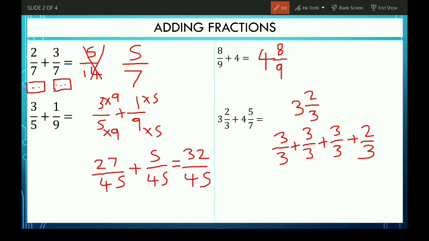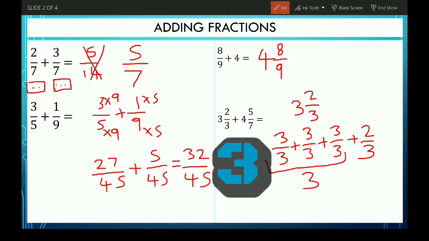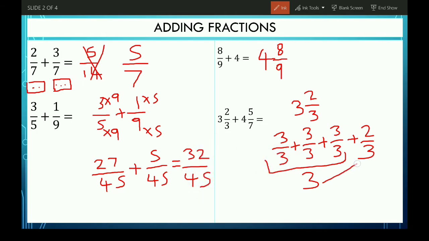Because remember, 3 over 3 also means 3 divided by 3. It's 1. The second one is also going to be 1. And the third one is also going to be 1. So all of these fractions actually equal 3. That's how you get your 3 and then your 2 over 3. That's what it actually means.